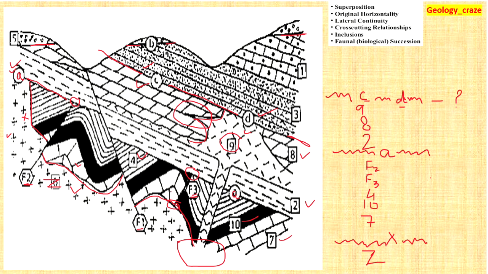If we look at F3, what kind of fault is it? This part is going up, this part is going down. So F3 represents a reverse fault. And F2, same setup. It is also the same.